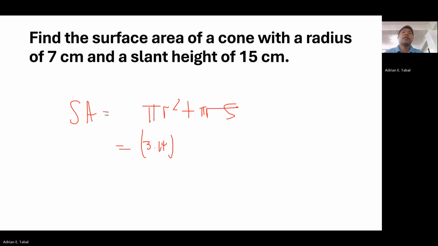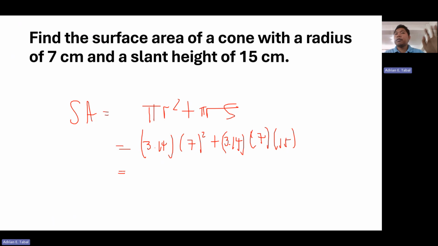3.14 times r squared, which is 7 squared, plus 3.14 times the radius 7 times 15. So calculate first the first term, 3.14 times 7 squared, which is 49, is 153.86, plus 3.14 times 7 times 15, that's 329.7.